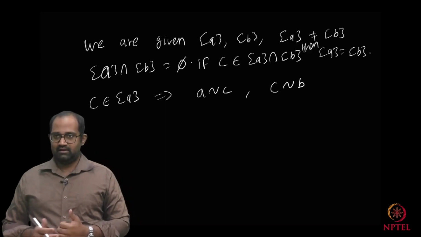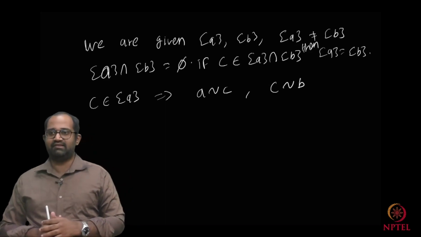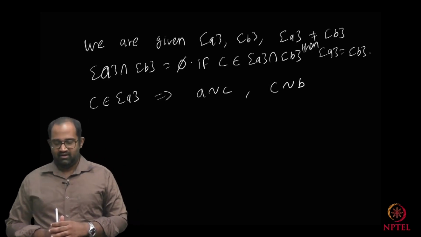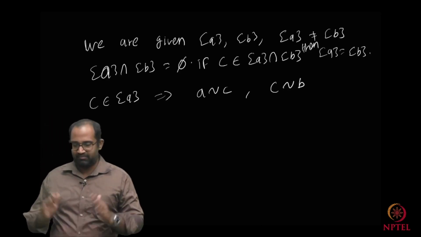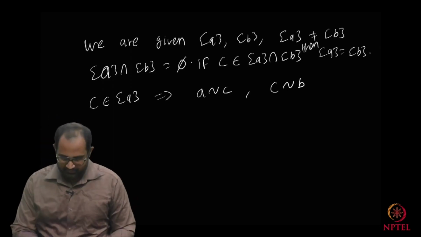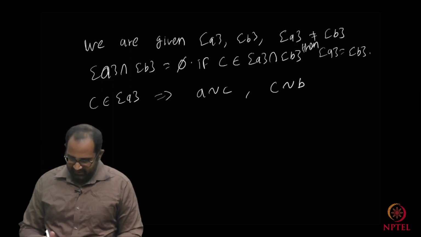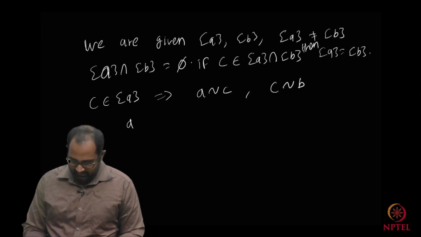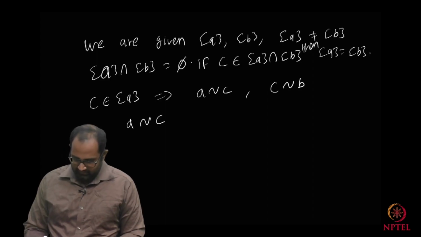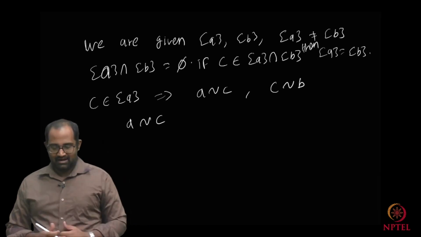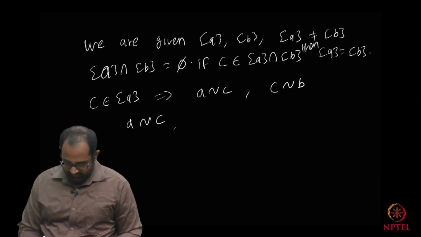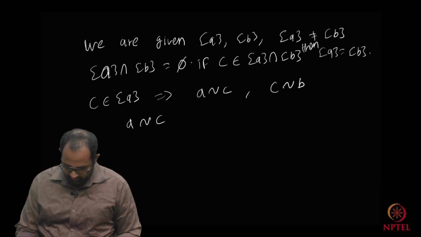Notice that I have intentionally skipped a step. I want you to sit down and think which step I have skipped. It is something to do with symmetry, just think about it. Now, transitivity tells you that a is related to C, right. So, that means that transitivity tells you a is related to b.